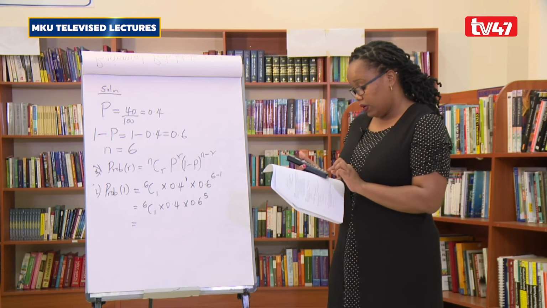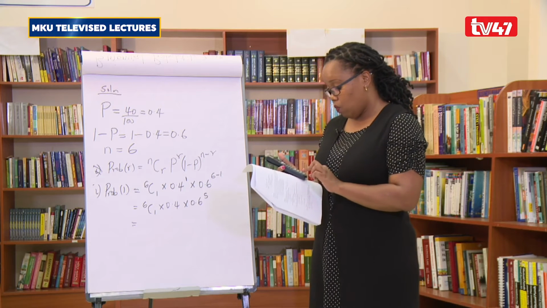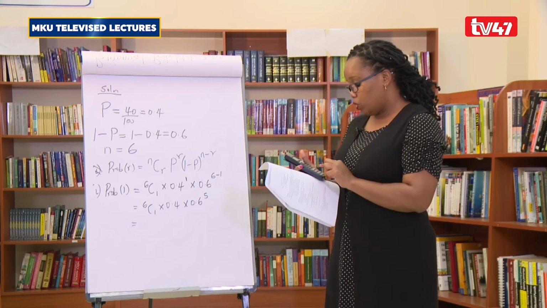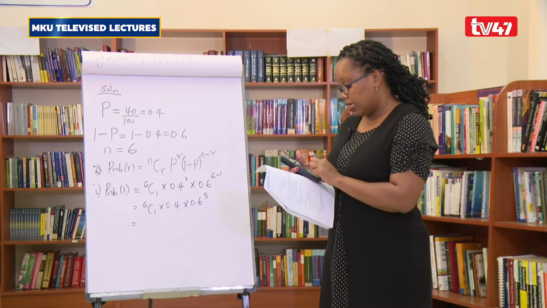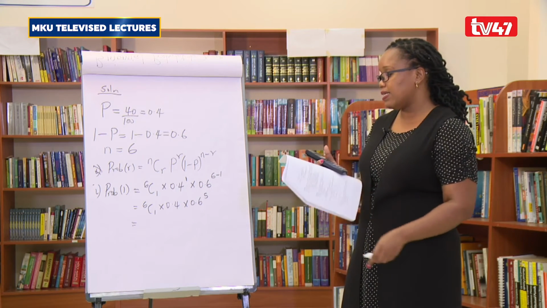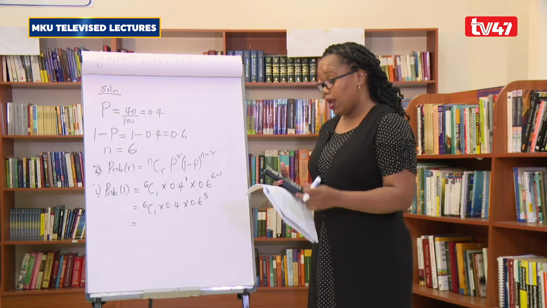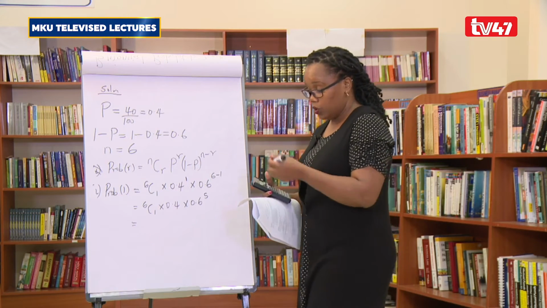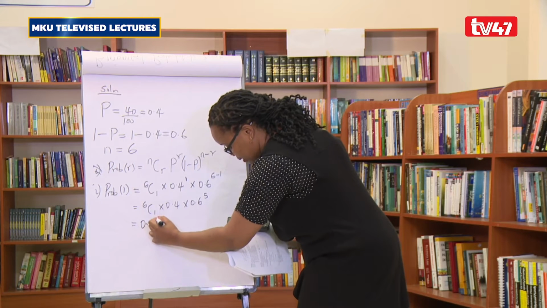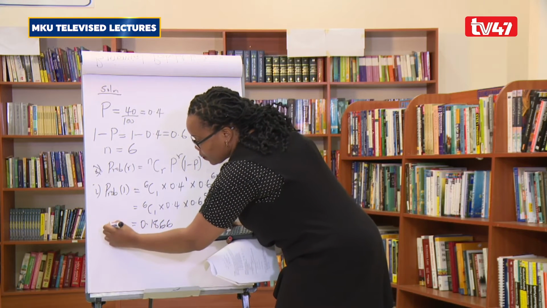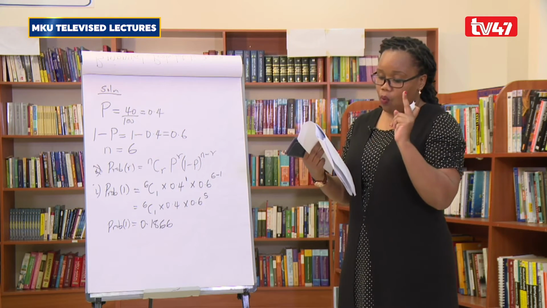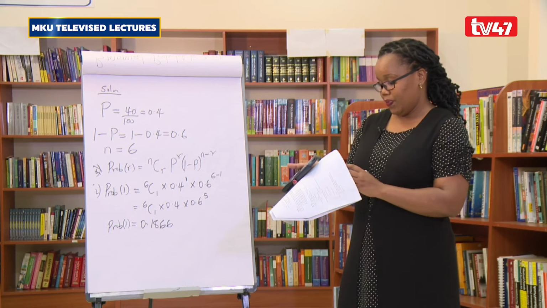So we have 6 combination 1, multiplied by 0.4, multiplied by 0.6 raised to power 5. We'll answer in 4 decimal places so that we can allow for percentage calculation if need be. So in 4 decimal places, this will be 0.1866.